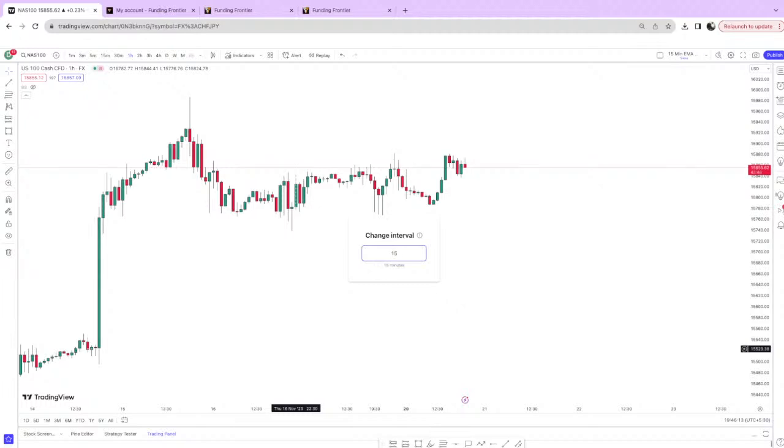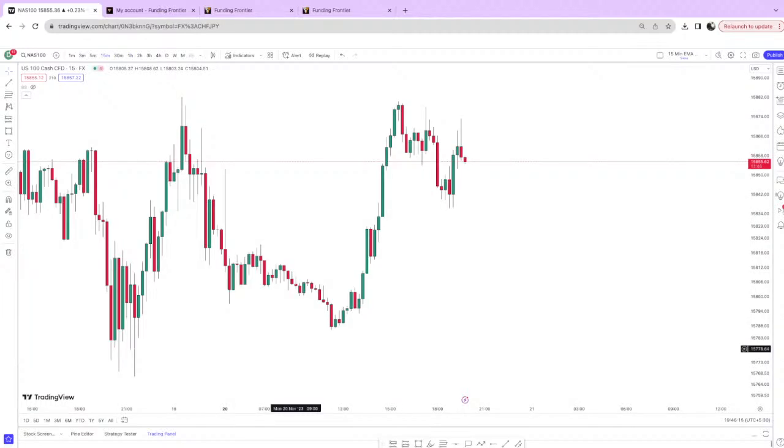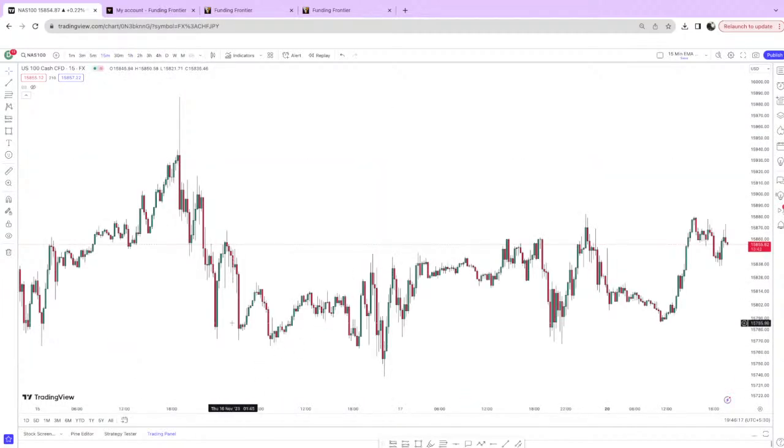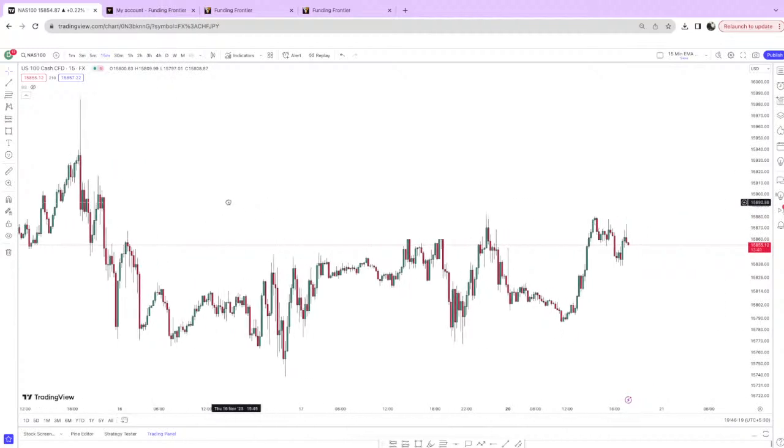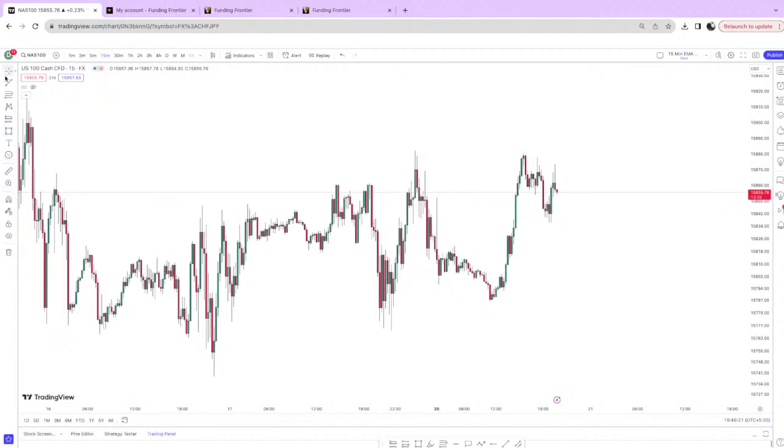Let's shift to the 15 minutes time frame. In the 15 minutes time frame, what I can see is, on a short term, if we start from here, low, then it's a high. It's a low, then it's a high.